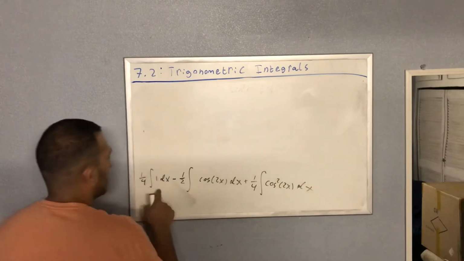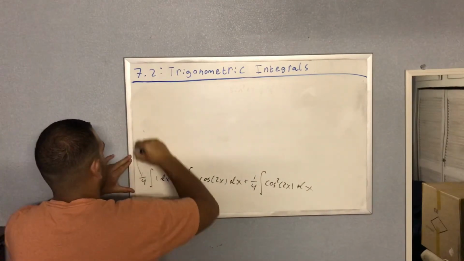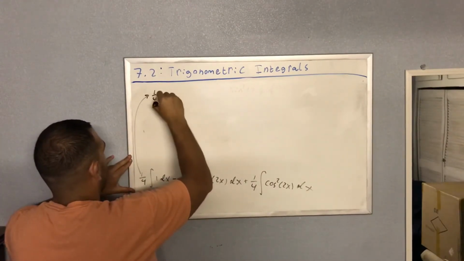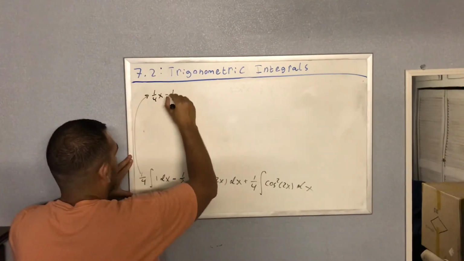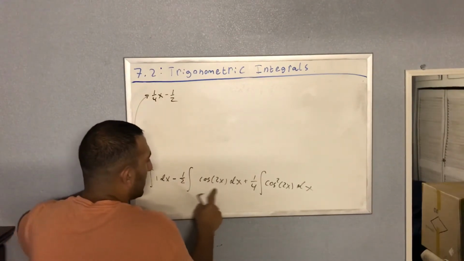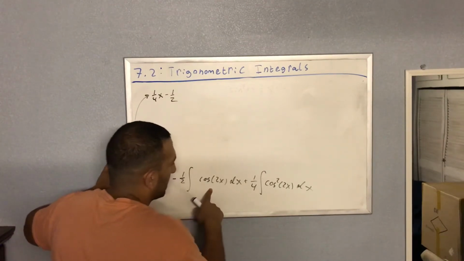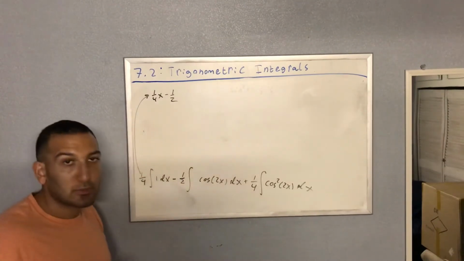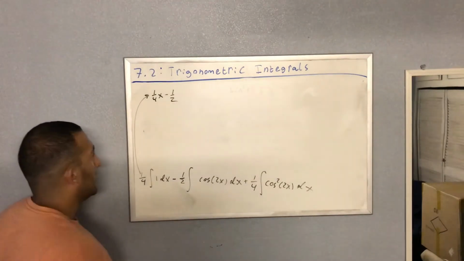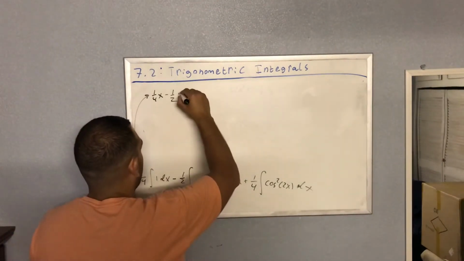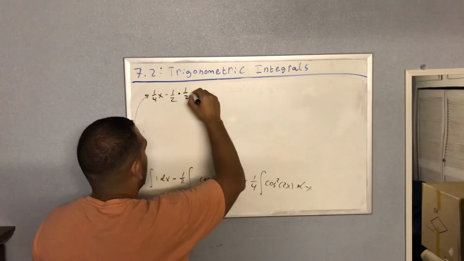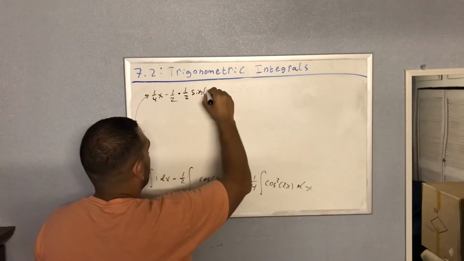Okay, we know this one, this is just x. So this integral gives us 1/4 x minus 1/2. And we saw what the integral of this is. You end up just doing a simple u substitution, but that u substitution ends up just dividing by a 1/2. So this would be 1/2 times 1/2 sine of 2x.